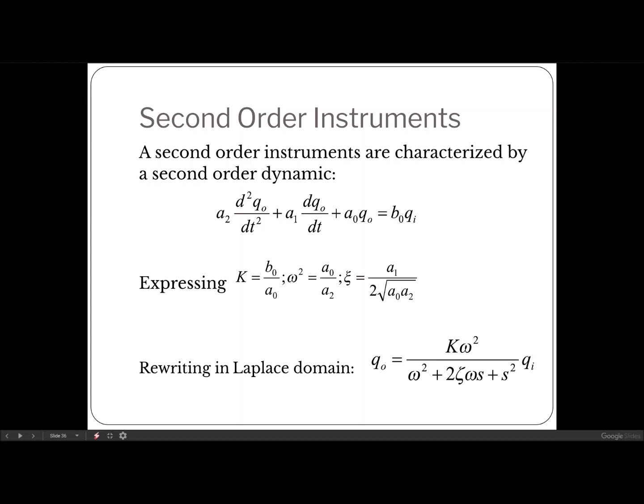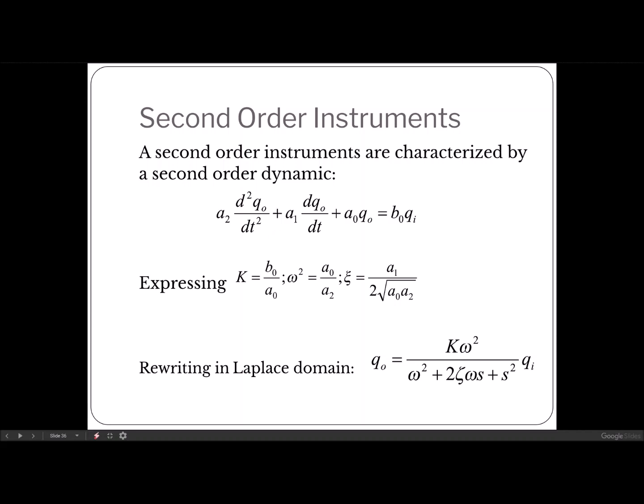It can also involve the input derivatives, but for simplicity, let's consider again like before, b1 is 0 and b2 is also 0, so the non-zero coefficients that we have are only b0, a0, a1 and a2.